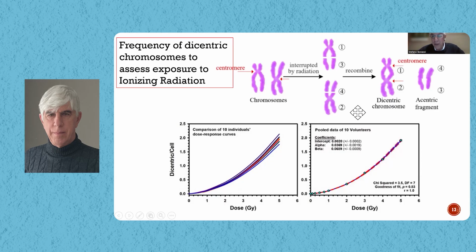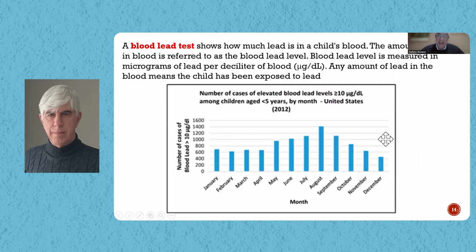But once we measure the frequency of dicentric chromosomes, you see that there are very precise dose response curves between the frequency of dicentrics per cell and the dose. In this way, you can easily reconstruct the exposure of each person based on the frequency of dicentrics. This is a very historical, very well working biomarker of exposure.